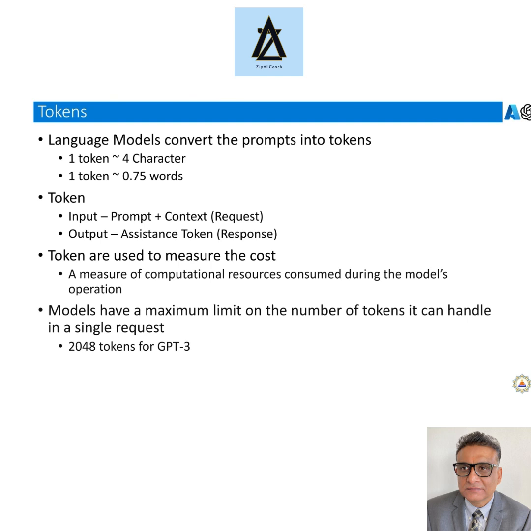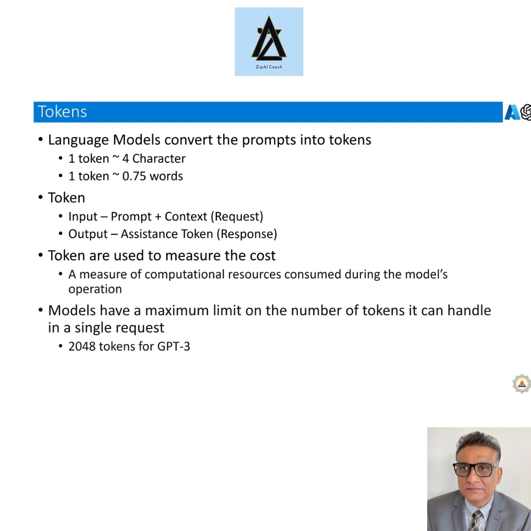So it's basically a measure of computational resources. A model has to take input, process it, and then generate an output. So that's the resources that the model consumes: compute, memory, storage.